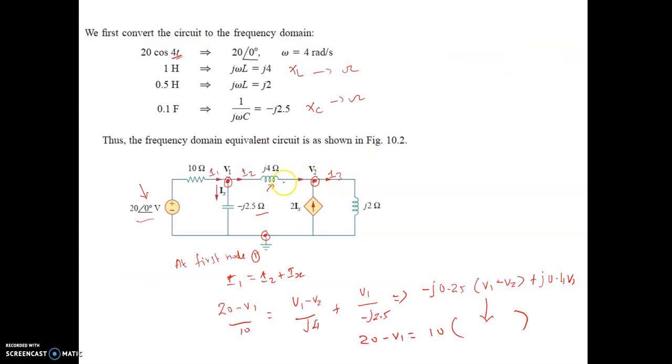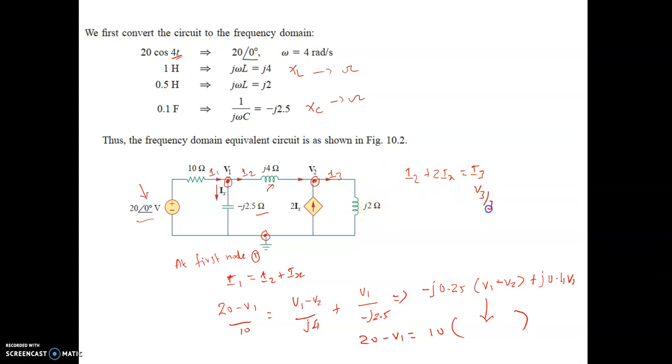For node 2, here I2 is entering, 2 Ix is also entering the node, I3 is away from the node. So I2 plus 2 Ix is equal to I3. You have to write the formula I2 is (V1 minus V2) divided by J4, Ix. So I3 is V3 by J2.